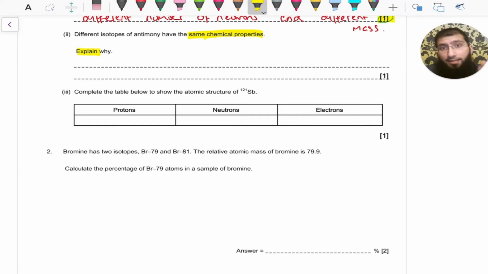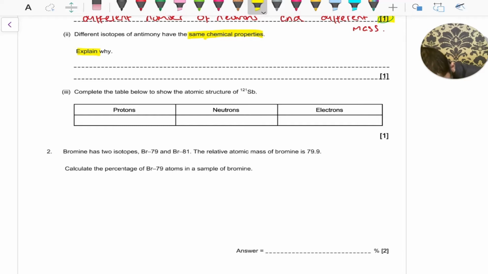The reason it has the same chemical properties is because isotopes have the same number of electrons. If you've got the same number of electrons, surely its chemical reactivity will be the same. But you know what? It's not good enough to say that it has the same number of electrons. We need to be really specific. So you need to state that it's got the same number of electrons in the outer shell. Or you could otherwise mention it's got the same electron configuration or the same number of valence, with valence meaning outer electrons.